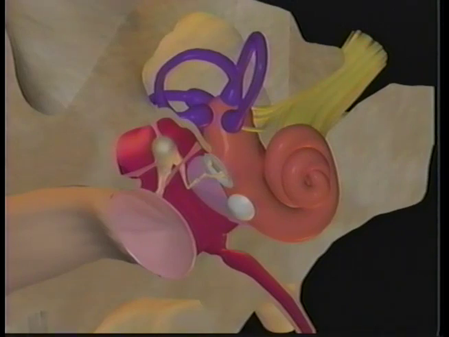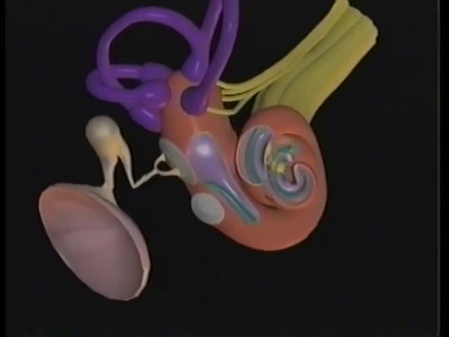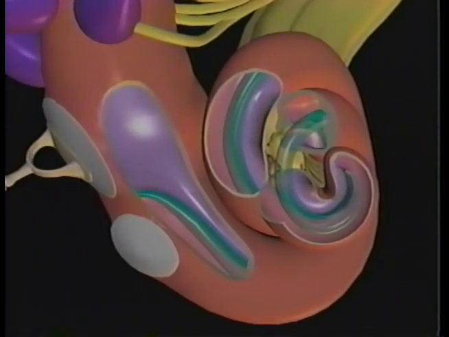Medial to the middle ear is the inner ear, which contains the spiral-shaped cochlea, where sound waves are transduced into neural signals, and the vestibular complex, which contains the receptors for our sense of equilibrium. These sensory organs of the inner ear lie within the so-called membranous labyrinth, which is visible here as a blue tube within the cochlea.